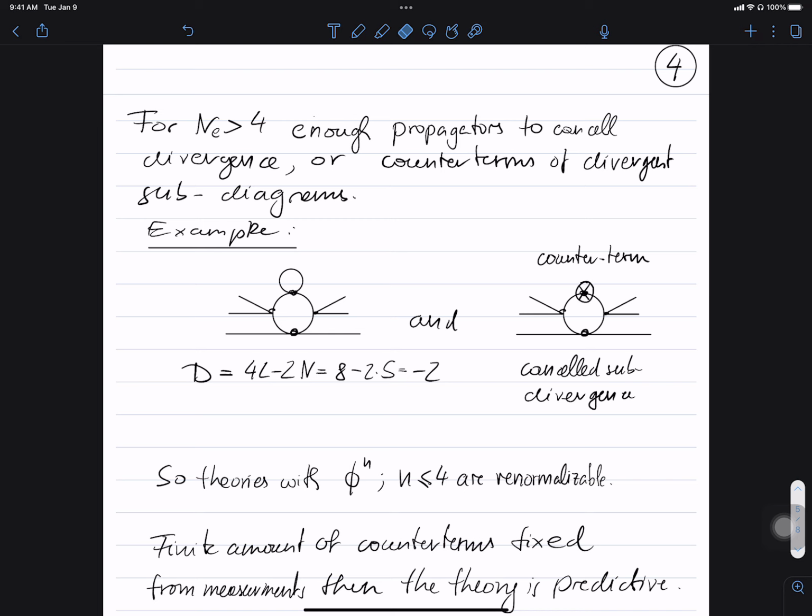And if we had another diagram where we have divergent subdiagrams, however, we have a counterterm to cancel the subdivergence.